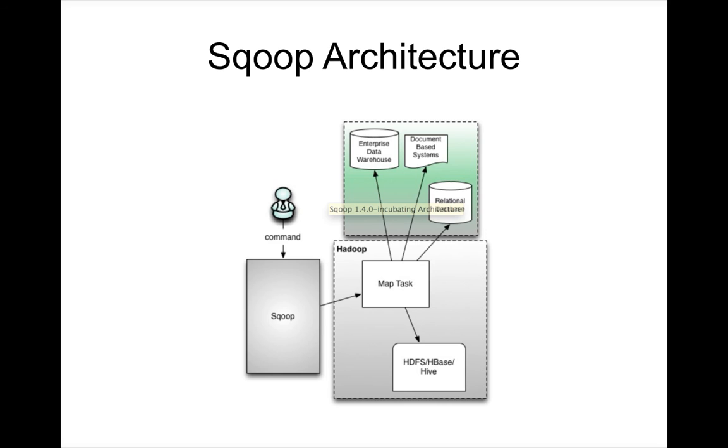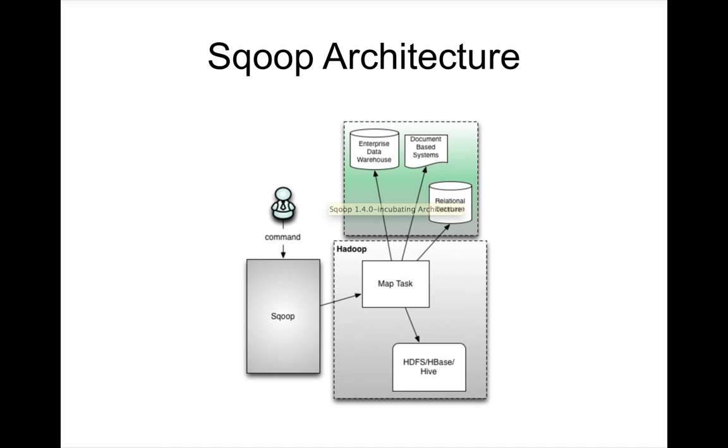So this is the Sqoop architecture. Sqoop will be run from the gateway node, which is master 01 in this case. When we run the Sqoop import command, it will initiate a MapReduce job. Actually, using the MapReduce framework, it will initiate a map only job.